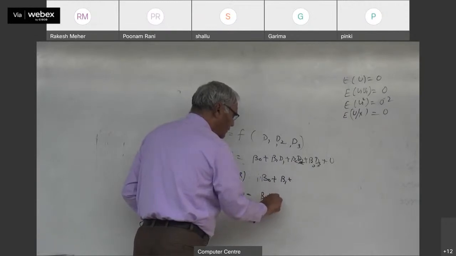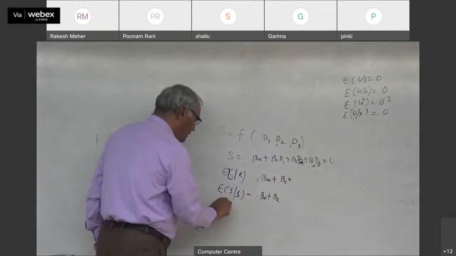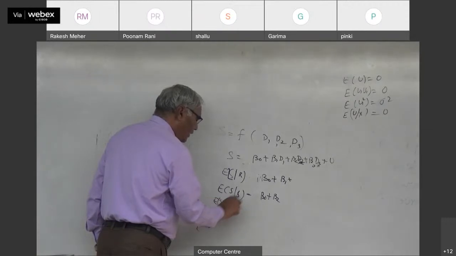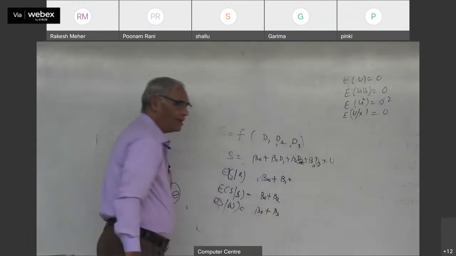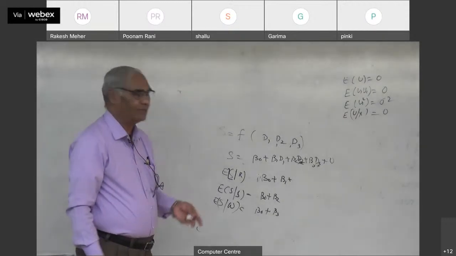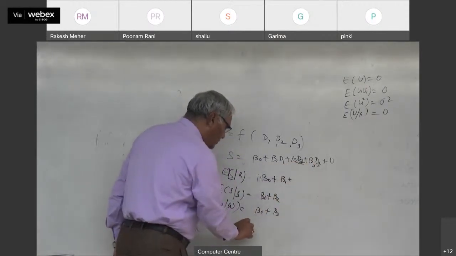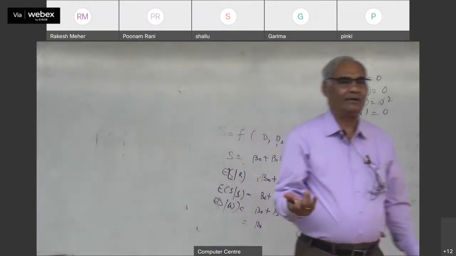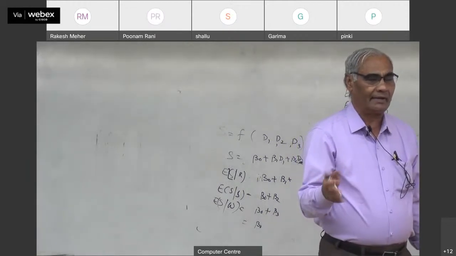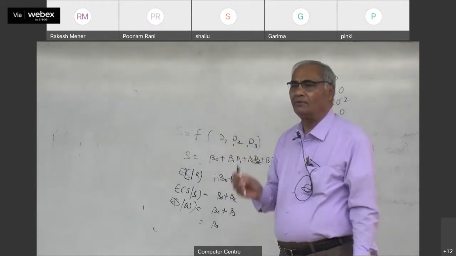Beta 0 plus beta 2. D3 is for winters. So expected value of sales when there is a winter: beta 0 plus beta 3. What will be the sales in the fourth season? Fourth season means D1 is equal to 0, D2 is equal to 0, D3 is equal to 0. So it will be only beta 0. So automatically you will get the other category or the last category just by putting D1, D2, D3 equal to 0.